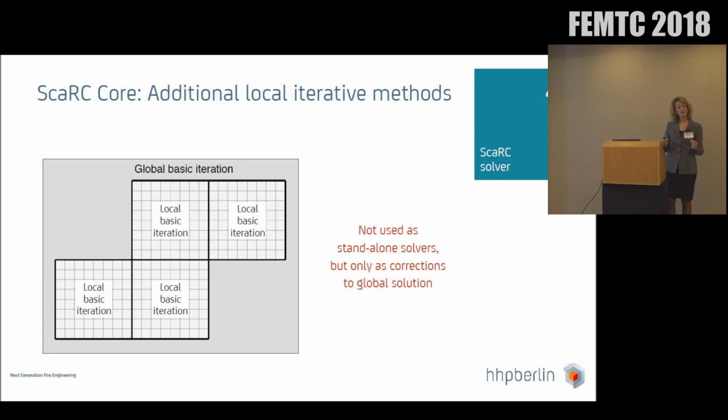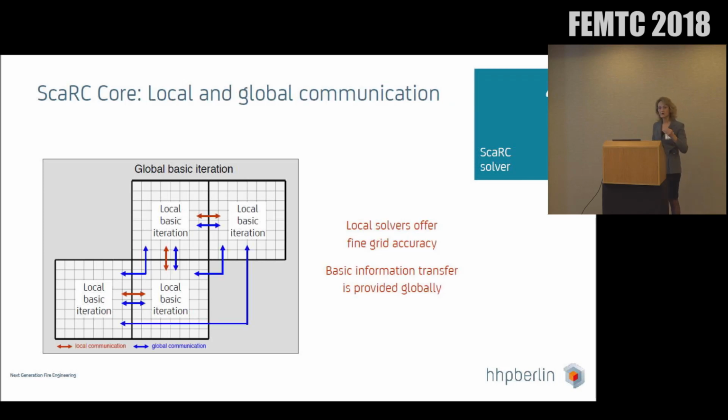Additionally, I also have local iterative methods. But they are not used as standalone solvers. They only are used as correction for the global method, for the global basic iteration. And in this sense, they only are used to provide a high local accuracy.